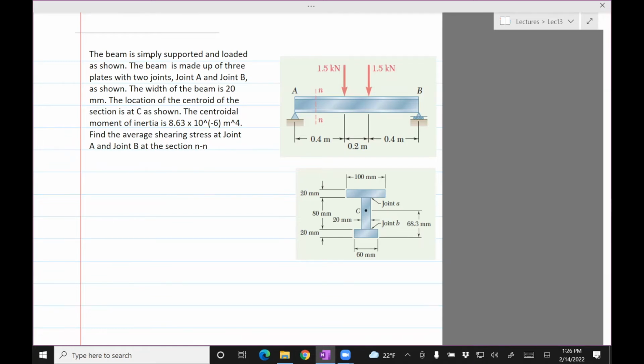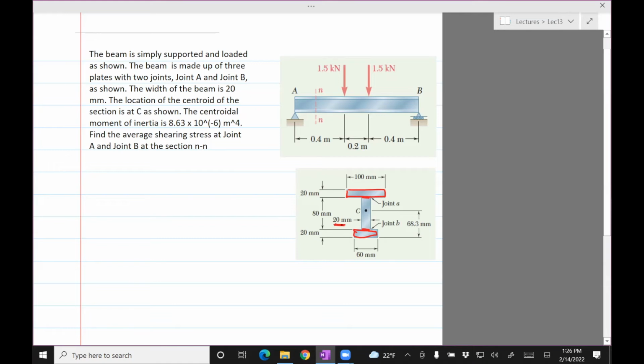The beam is simply supported and loaded as shown. The beam is made up of 3 plates. So this is plate 1, plate 2, and then plate 3, with 2 joints. The joints are clearly here and here. The width of the beam is 20 mm. Where is that?